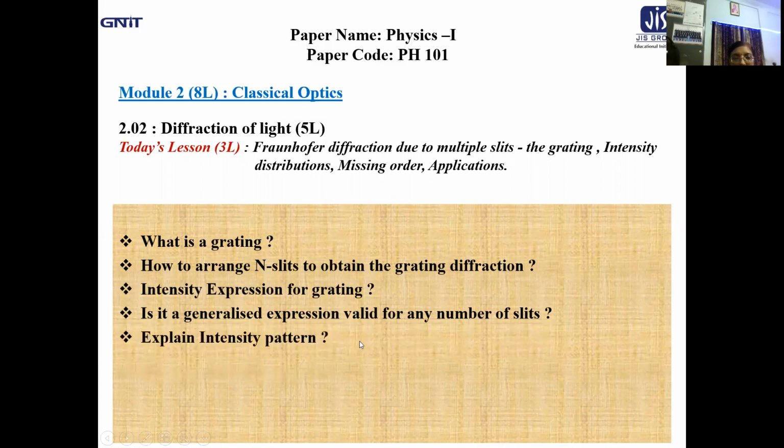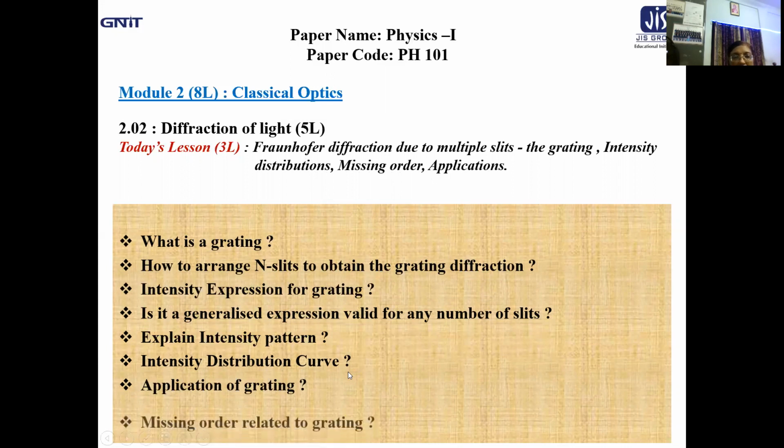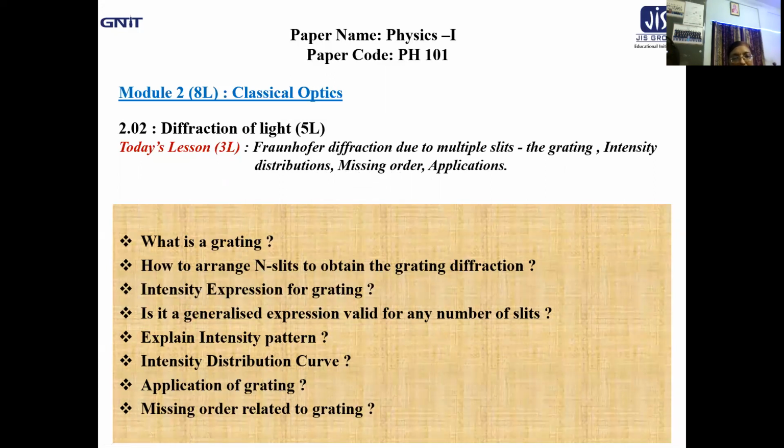How to explain the intensity pattern? Then intensity distribution curve, we will go for it. Then different applications of grating, we will take a look, including the missing order related to grating. So let us start our today's session.